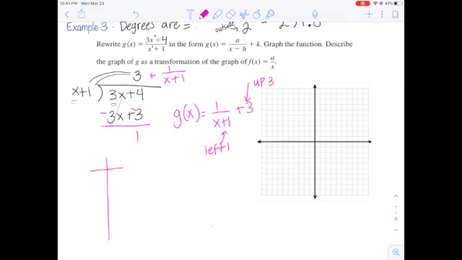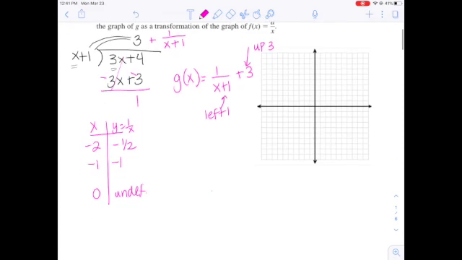And remember our parent graph, y equals 1 over x. You've got -2, -1/2, -1, -1. 0 is undefined. That's when the denominator is equal to 0, making your function undefined. We also included a little -1/2 because that would be at a -2.